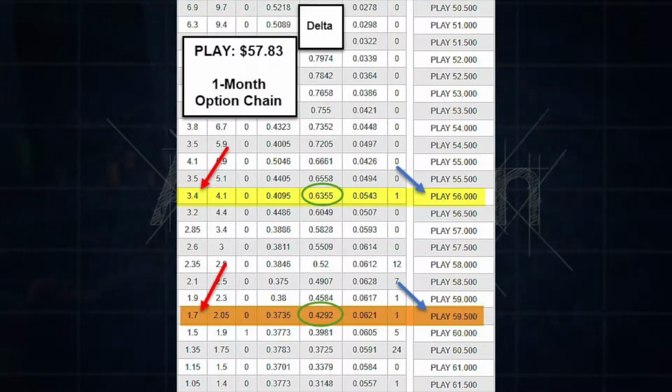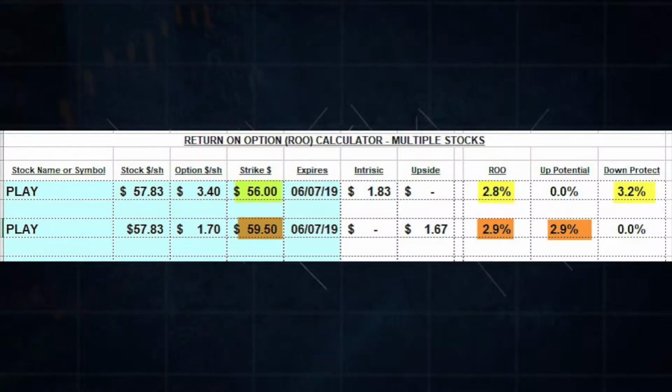You will also see here that the 56 generated $3.40 and the 59.50 generated $1.70. Put it into the Ellman calculator, and what do we have? For the in the money strike, we have a 2.8% 1 month return.